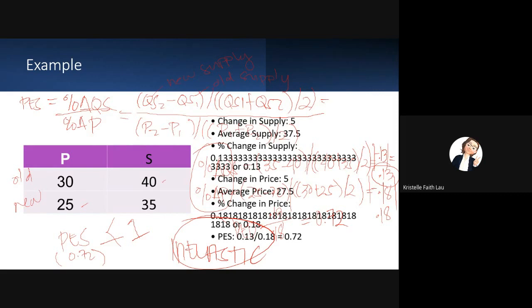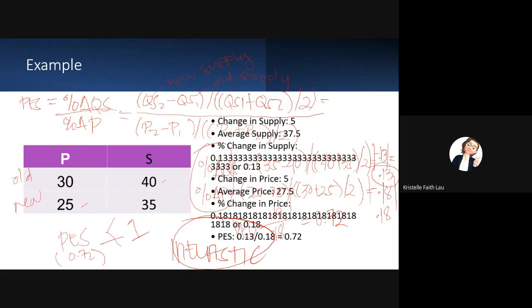So yan, change in supply is 5, average supply is 37.5. Then our answer for our percentage change in supply is 0.13. Then sa prices, change in price is 5, average price nato is 27.5. So if i-divide nato si change in price sa average price, ang percentage change in price nato kay 0.18.